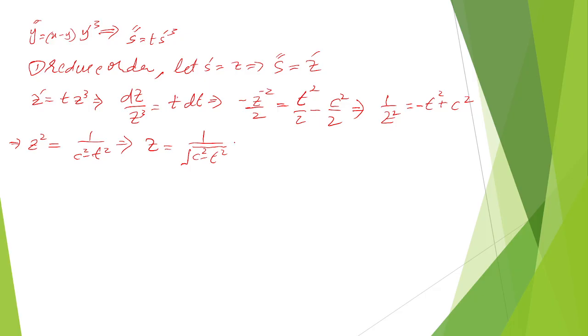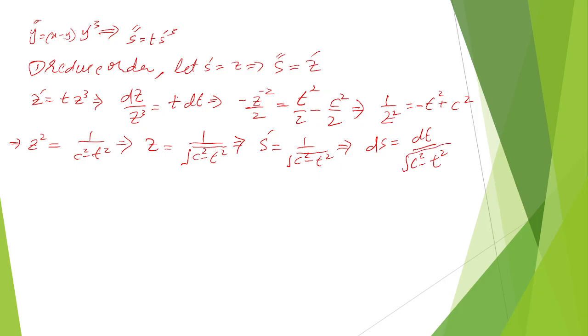Now that is z, but we know that z is equal to s dash. So this is s dash is equal to 1 over the square root of c square minus t square. So again we have to integrate it. So this is ds is equal to dt over the square root of c square minus t square.